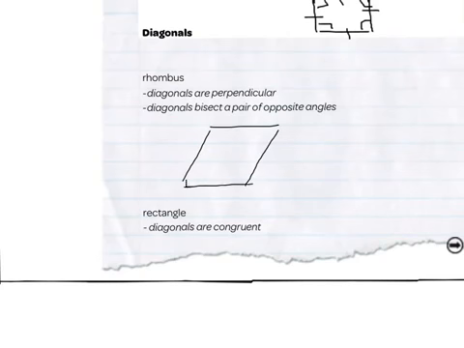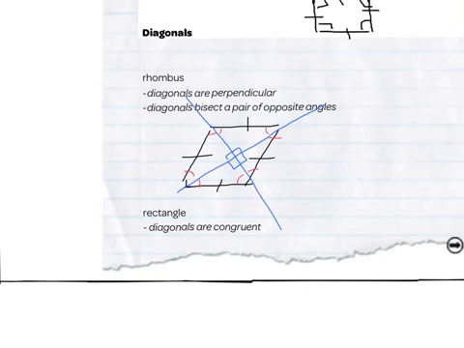A rhombus, while it has its 4 sides congruent, also has diagonals, when you draw them in, that are perpendicular, which means they meet and form 4 right angles. Okay? Diagonals also are going to bisect the angles that they are there. So they bisect the angles and they cut them in half. And that's something that's going to be very useful later on as we look at it.